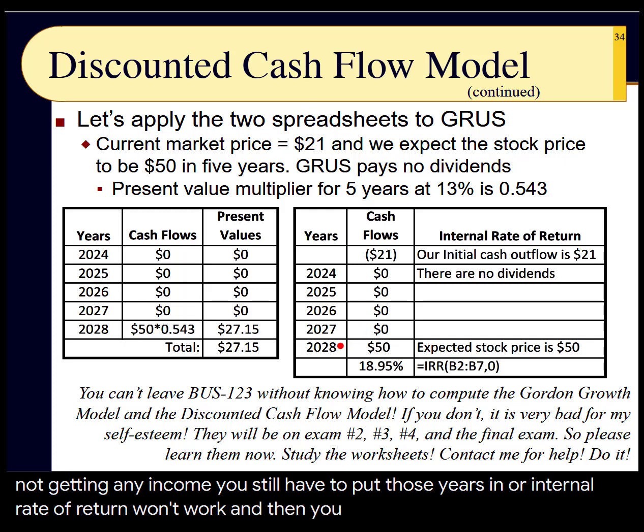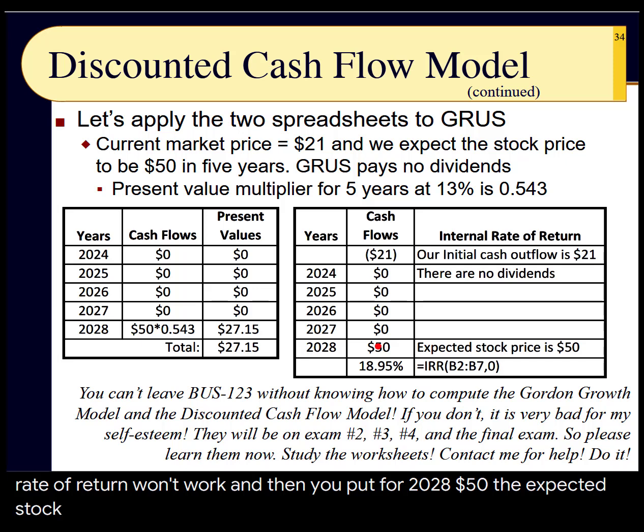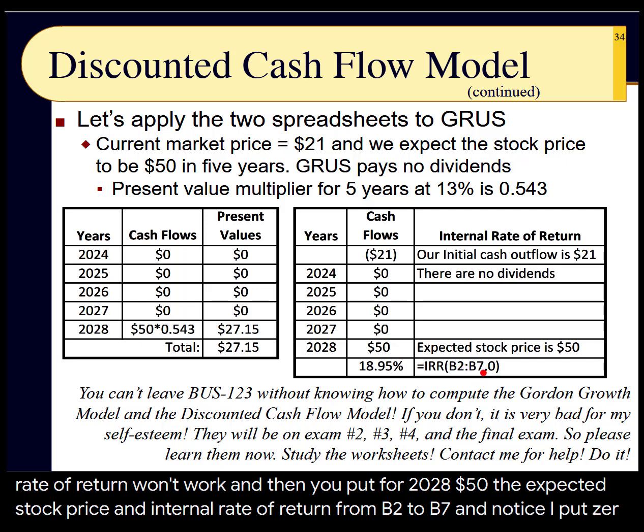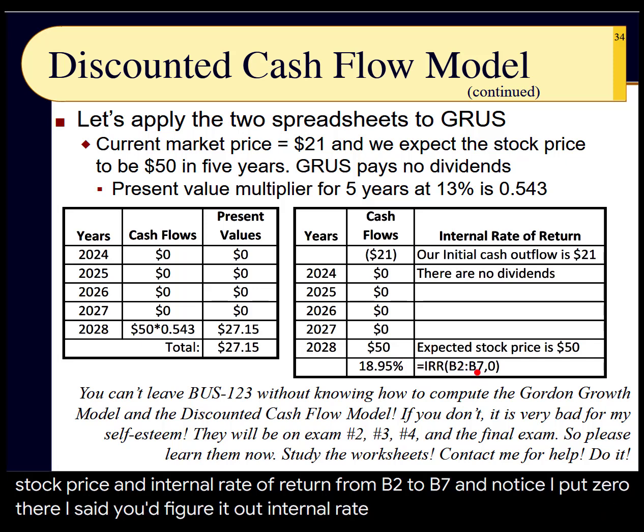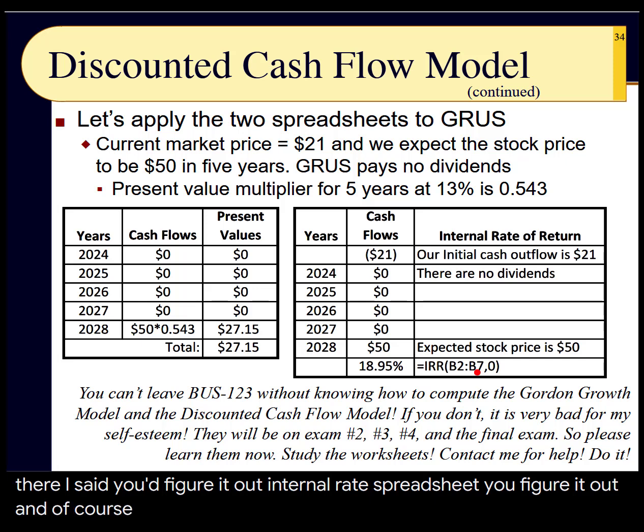And then for 2028, you put $50, the expected stock price, and the internal rate of return from B2 to B7. Notice I put 0 there. I said, you figure it out, spreadsheet. And of course, Excel has it, and so does Google Docs and LibreOffice.